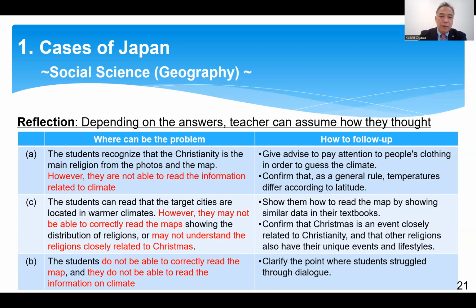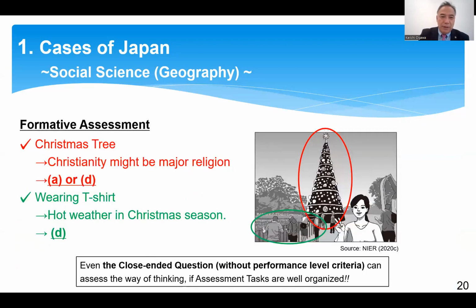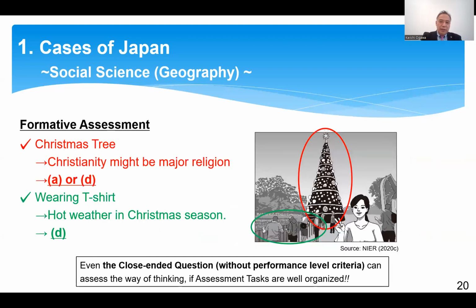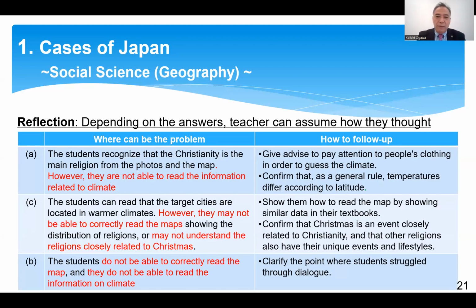However, they are not able to read information related to the climate. So for A, they understand the religion, but they couldn't understand the climate. Then follow up: give advice to pay attention to people's clothing in order to guess the climate. Confirm that as a general rule, temperatures differ according to the altitude.